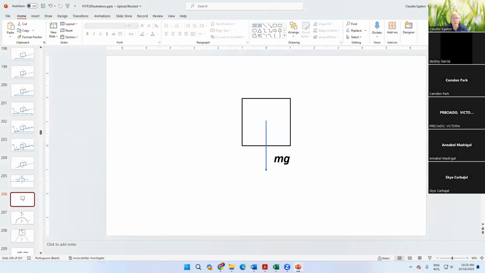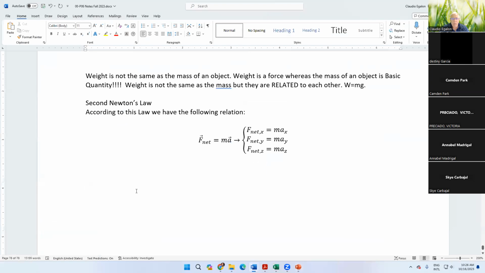For this specific case, an object under free fall is subjected only to one force, the weight. Example: an object under free fall is subjected only to its weight. Find its acceleration.